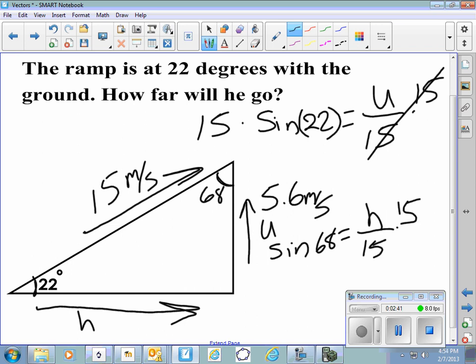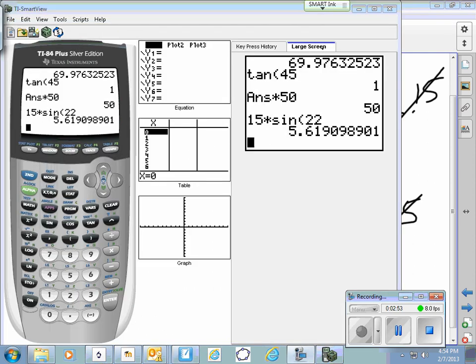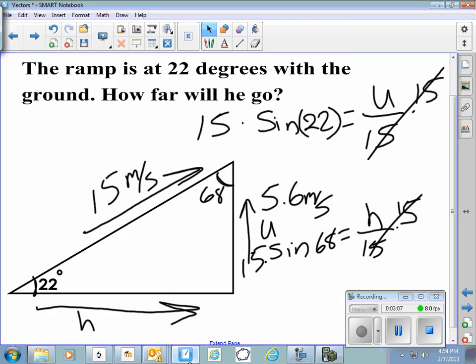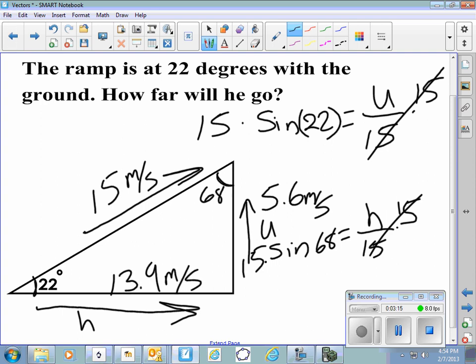Solving for h, we multiply both sides by 15. H equals 15 times the sine of 68, which says 13.9. So he's going this direction at 13.9 meters per second forward.